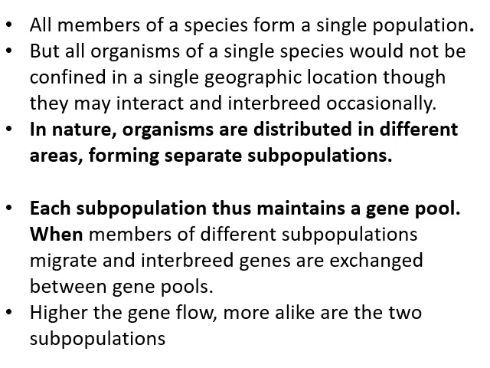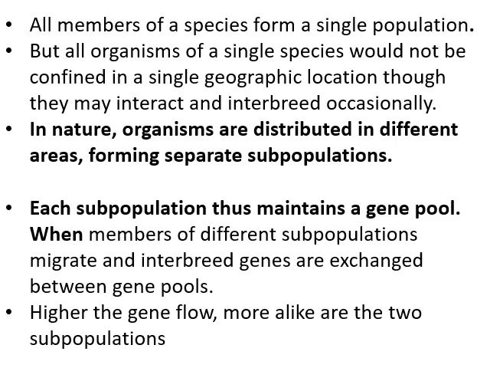In nature, organisms are distributed in different areas, forming separate subpopulations. Here you can observe the subpopulations of human beings: some are called Indians, some Chinese, some Arabic, some European, and some Americans, due to their different geographical areas.